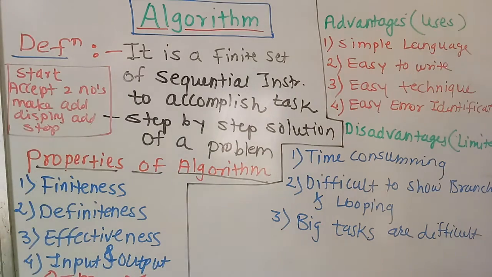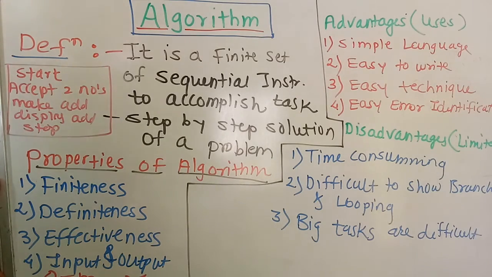It means the algorithm's steps should have a specific meaning. They should produce an outcome, not something of useless value. So these are some properties of an algorithm that we have to keep in mind while writing it.